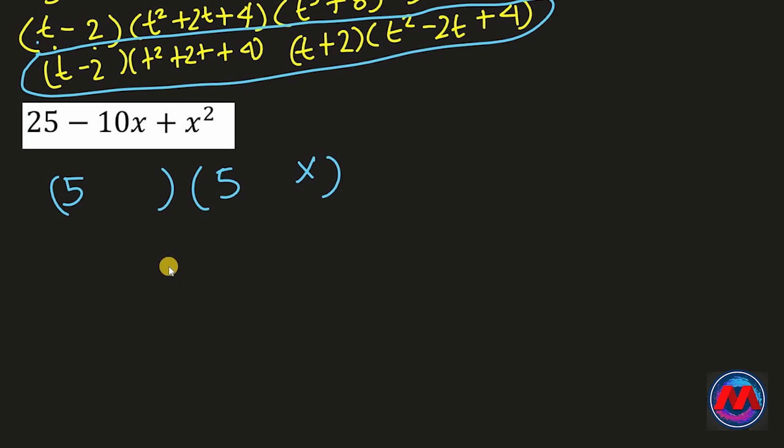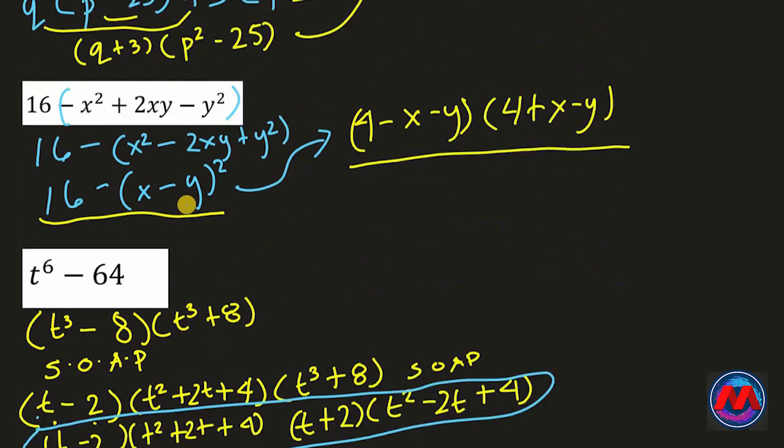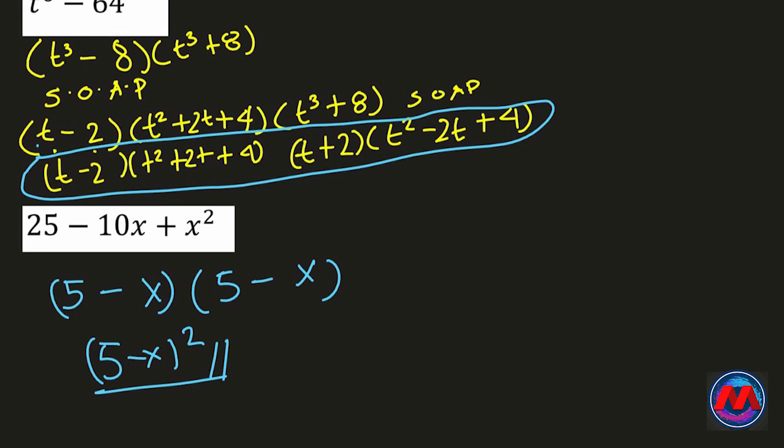X is also perfect square. X and x. So, since negative yung sign ng middle term, then negative na rin to. So, our final answer is 5 minus x, or 5 minus x, or we can simply write this as 5 minus x squared. Alright? So, that's it for factoring polynomials.